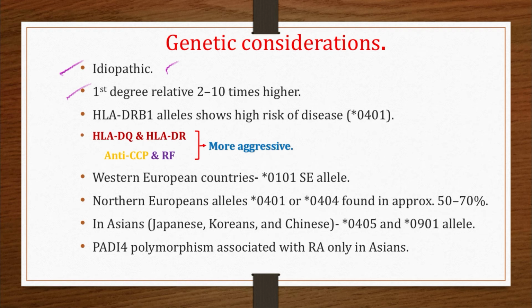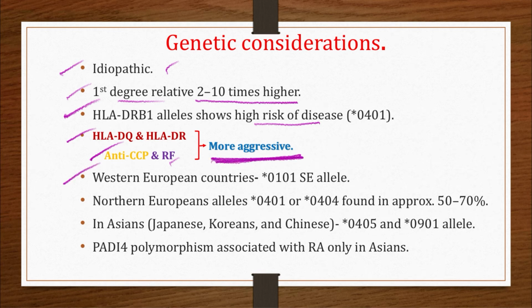Like an individual with a first degree relative with rheumatoid arthritis is at 2 to 10 times higher risk to develop rheumatoid arthritis. Also, the HLA-DRB1 allele shows a higher risk of disease, right? An individual with HLA-DQ and HLA-DR and seropositive disease, seropositive meaning positive for anti-CCP and rheumatoid factor, has more aggressive disease as compared to the other population.